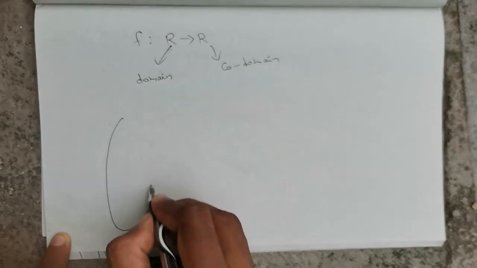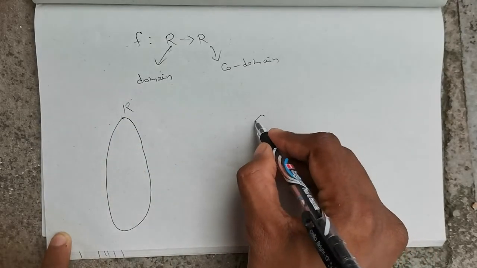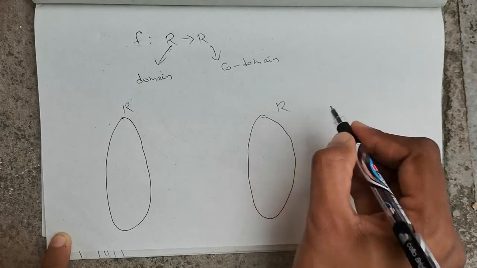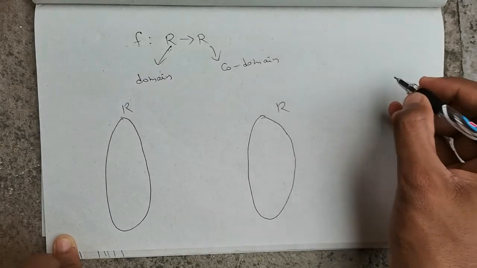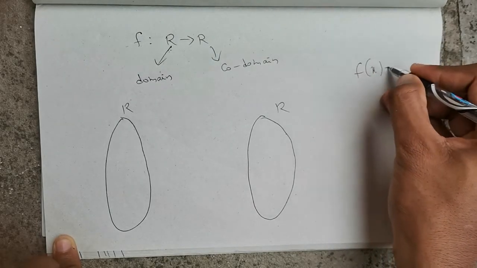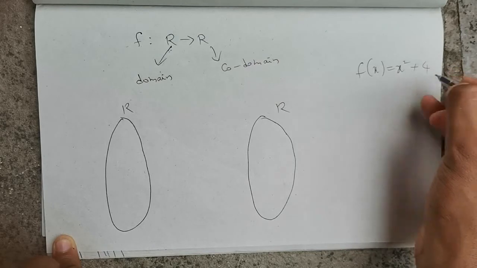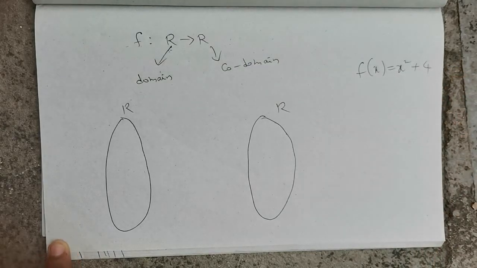So one is the total set R and the second one is also set R only. Set R to set R. Then he gave the function as f of x is equal to x square plus 4.